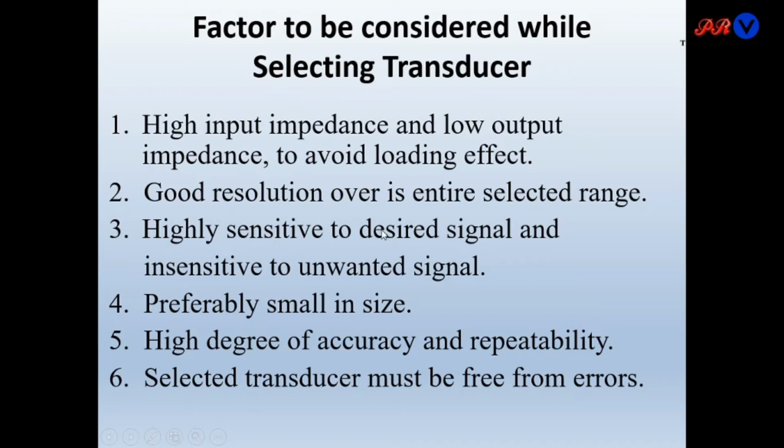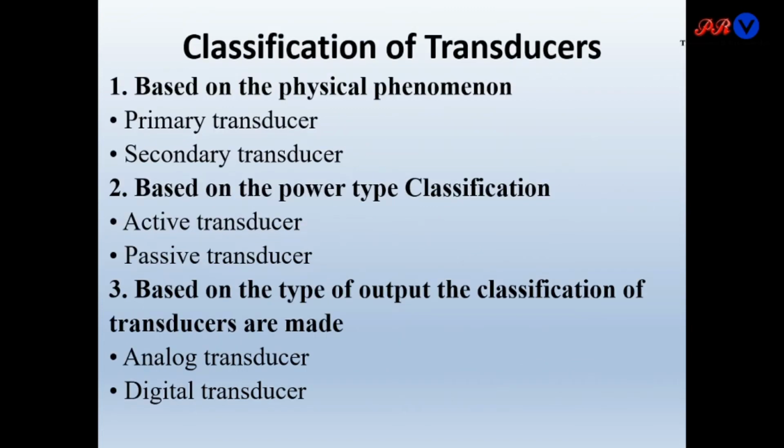Third, highly sensitive to the desired signal and insensitive to unwanted signals, means signal to noise ratio must be high. Fourth, preferably small in size. Fifth is high degree of accuracy and repeatability. Sixth, the selected transducer must be free from all errors. So, these are the factors which we must consider while we select our transducer.